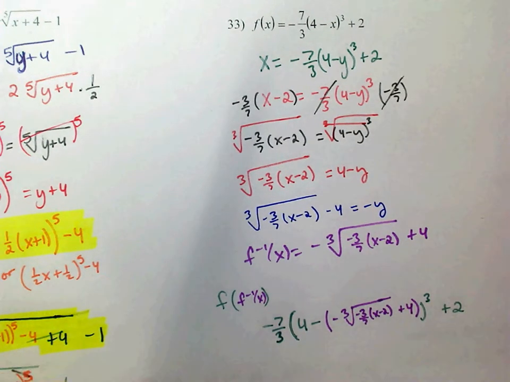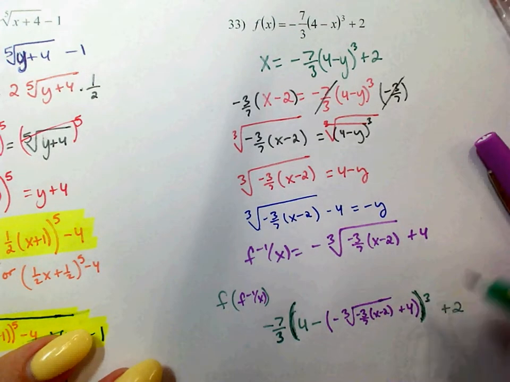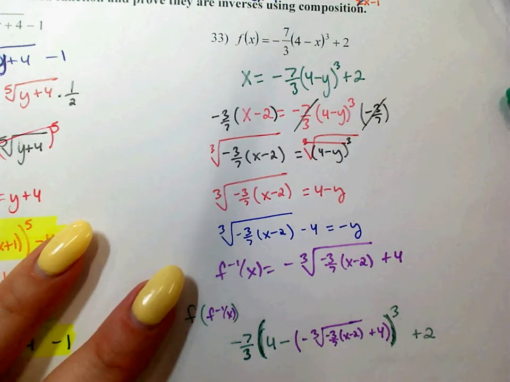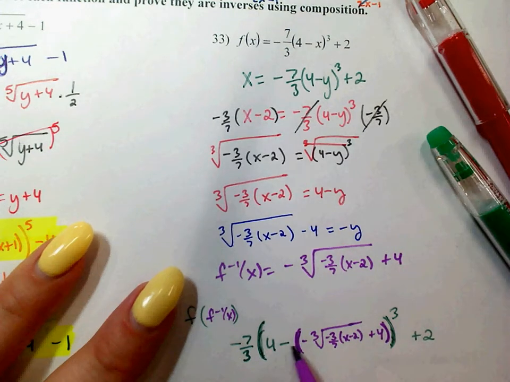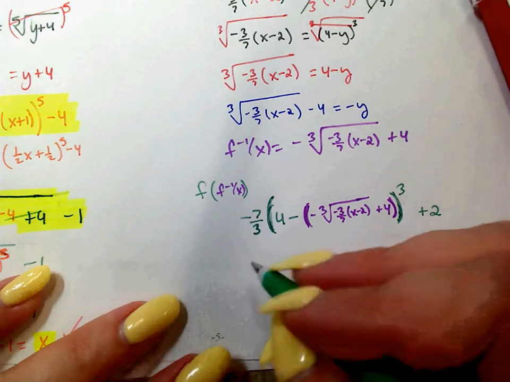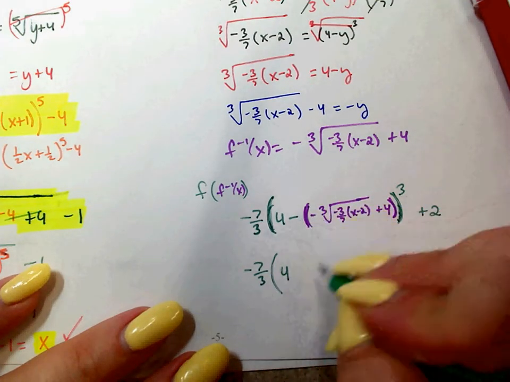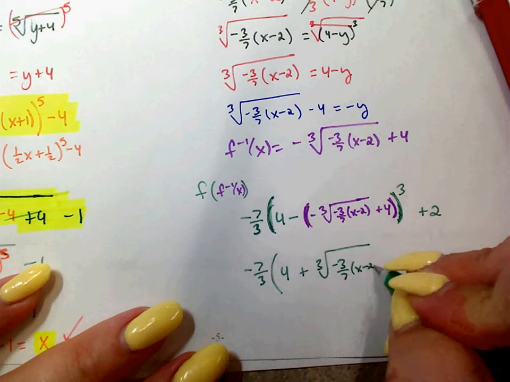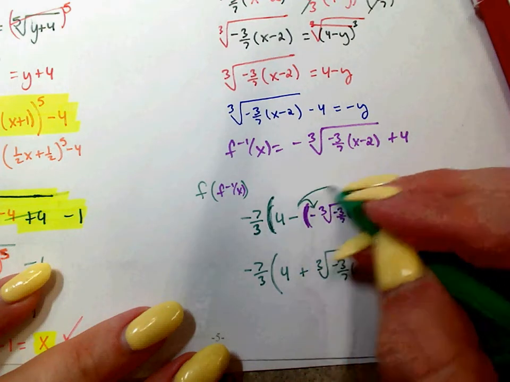Okay. So I always said to really emphasize these parentheses so that you can see what you're supposed to be doing first. And the first thing you need to do is distribute this minus sign. So if you distribute the minus sign, then you're left with negative 7 over 3 times 4 plus the cube root of negative 3 sevenths times x minus 2, and then minus, this becomes minus 4, all raised to the third, plus 2.